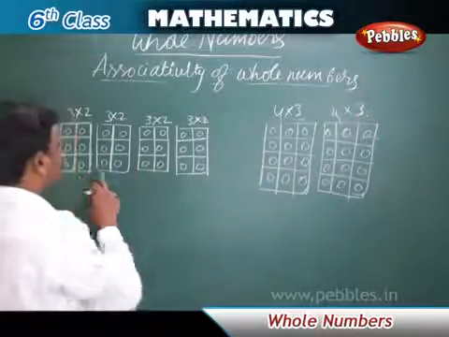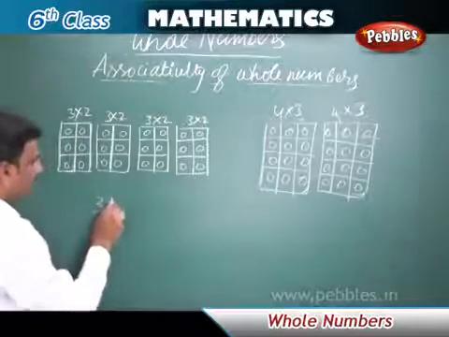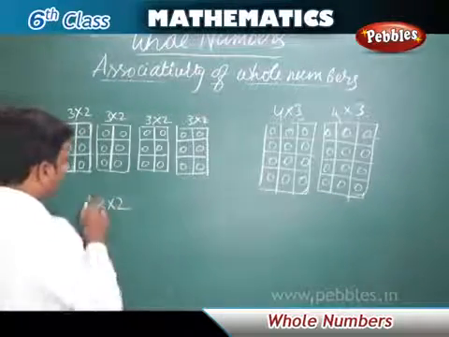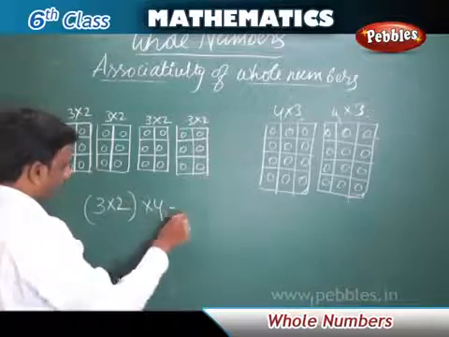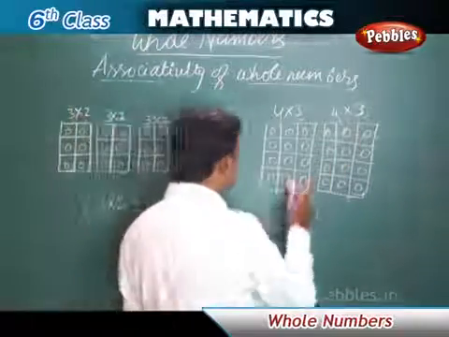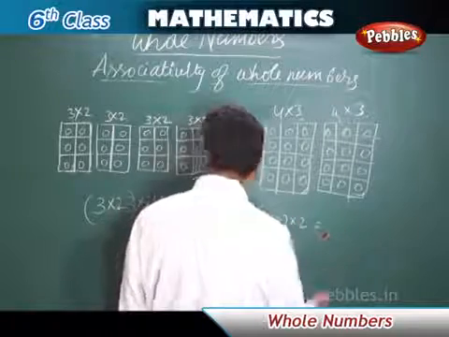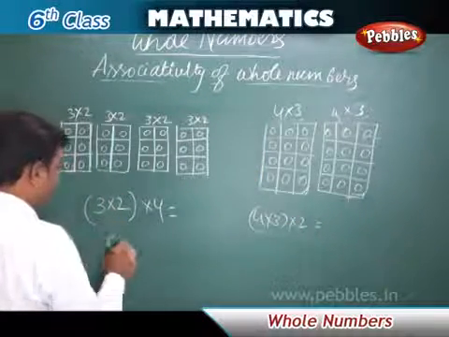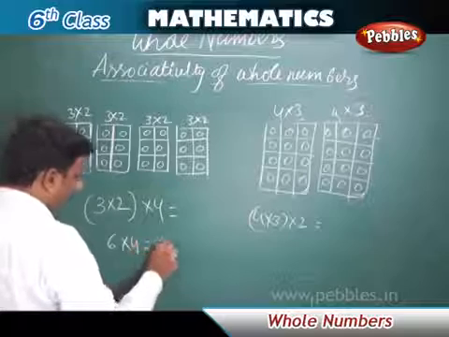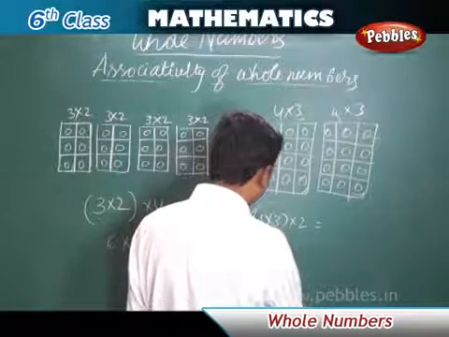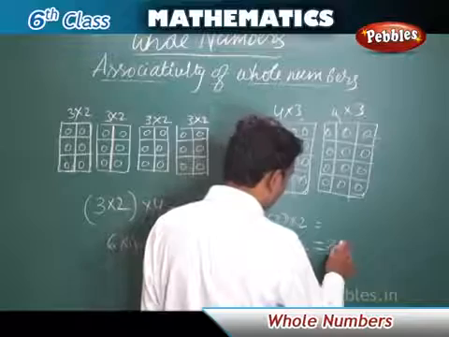So here a total of 4 boxes are there. Each one is 3 into 2, into 4. In the same way here, 2 boxes, 4 into 3, into 2. 3 twos 6, into 4, 24. And 4 threes 12, into 2, 24.